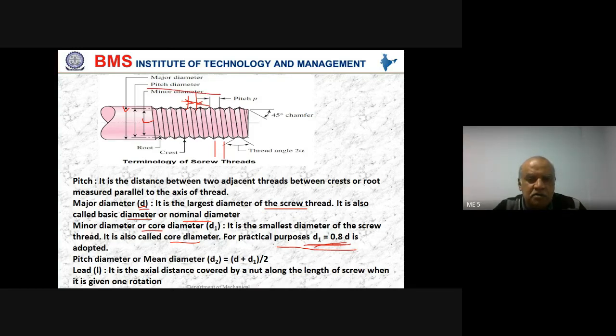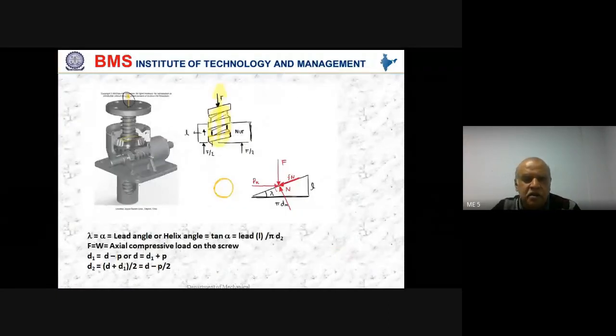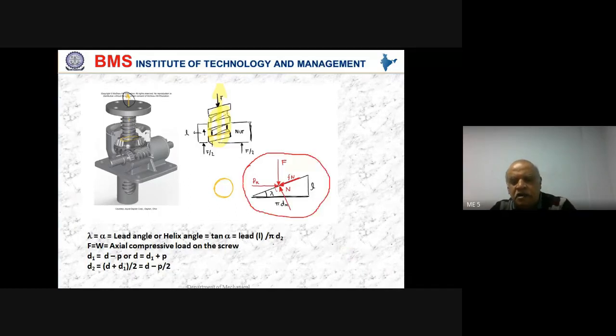Then lead. It is the axial distance covered by a nut. For example, when you take out a nut, this is the cross section of the thread that we are going to get. This is the lead. This lambda or alpha is called the lead angle or helix angle, and this distance is called the lead.